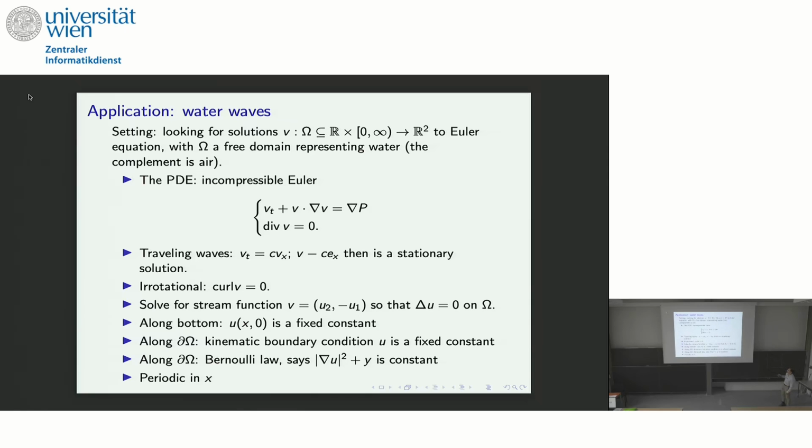I should have included it here. But the y is due to gravity pushing you down. This quantity should be constant, and this is from that pressure balance condition. This is called the Bernoulli law. The Bernoulli law is like this empirical phenomenon that the pressure here is constant and the pressures match. And this is why this is called the Bernoulli free boundary problem, from this application in particular.